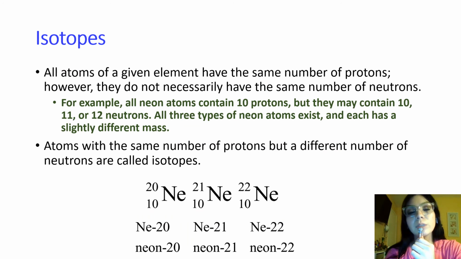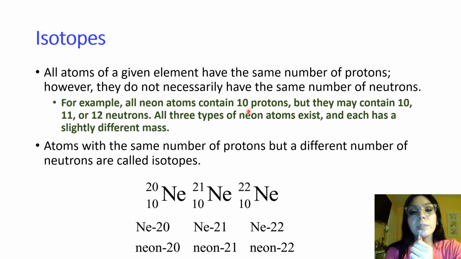So isotopes are essentially different versions of the same type of element or atom, but the difference between them is that you have differing numbers of neutrons. So for example, all neons have to have 10 protons. If it doesn't have 10 protons, it's not neon, it's something else.